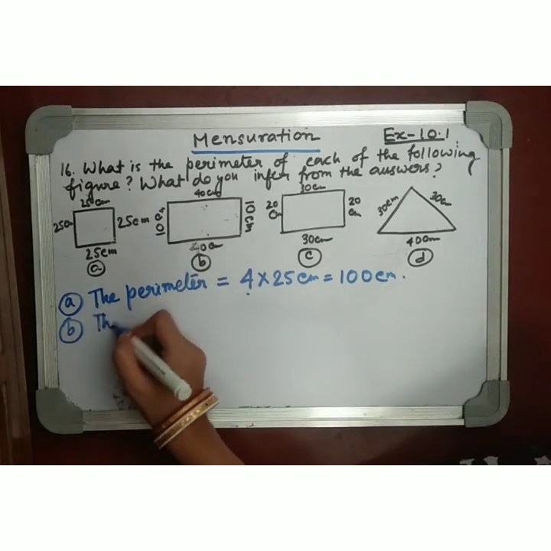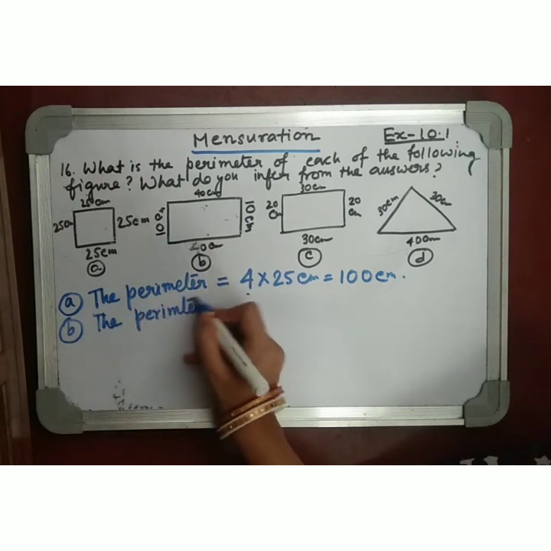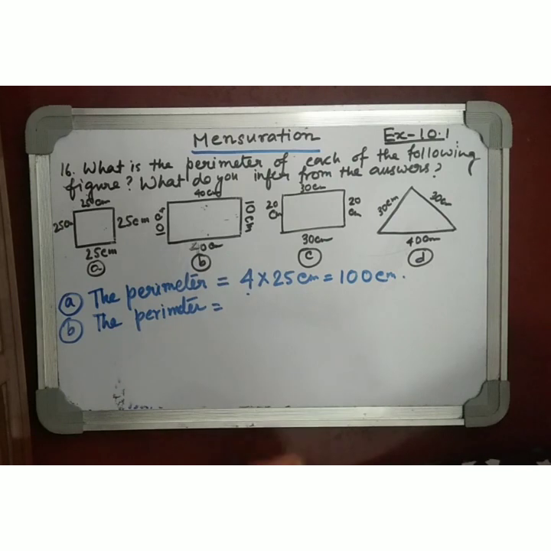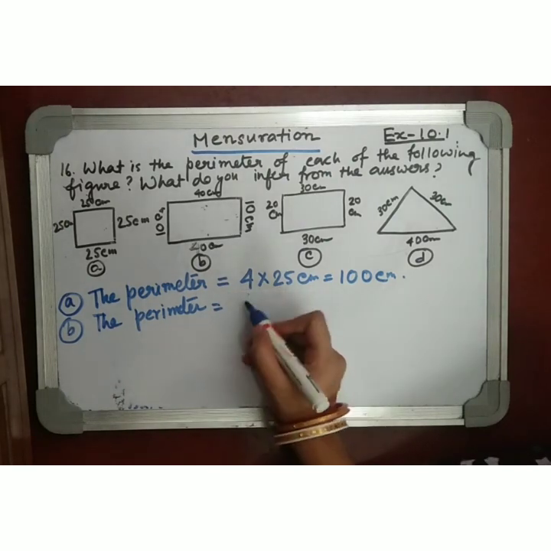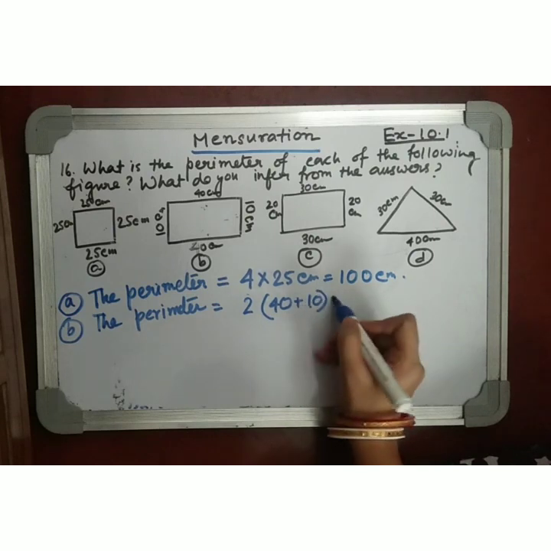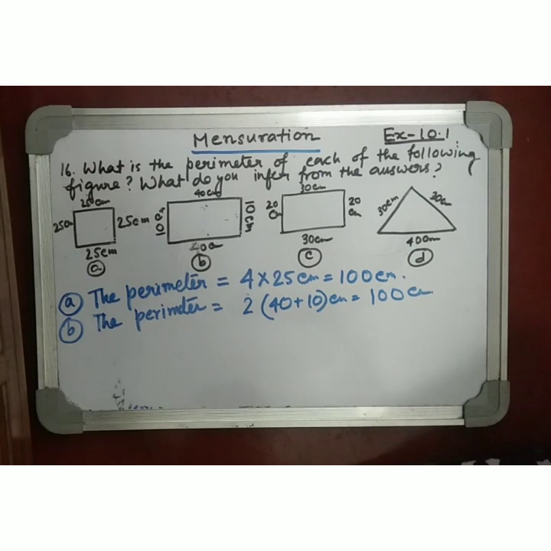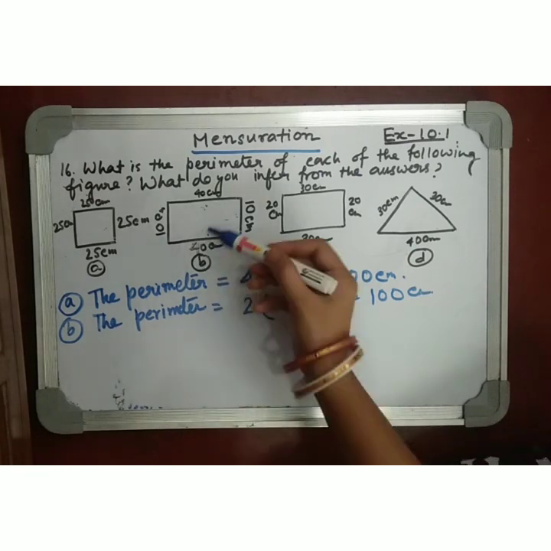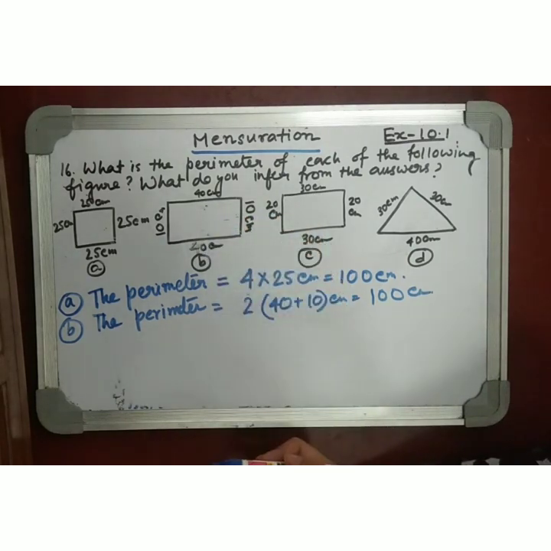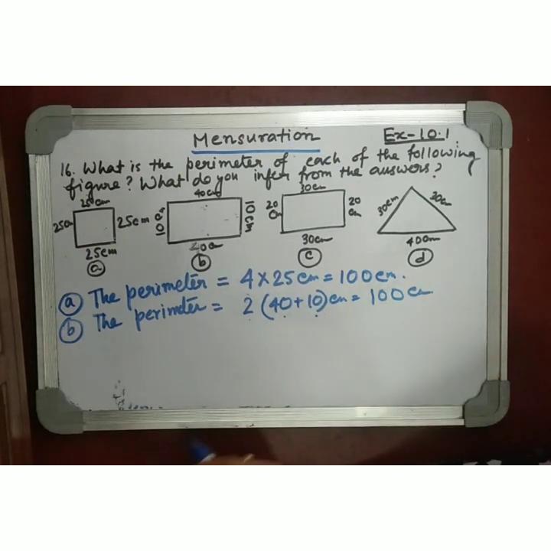So in case of figure B, the perimeter, in case of rectangle, what was the formula? 2 into length plus breadth. 40 centimeter is the length of the rectangle, 10 centimeter is the breadth. So what will be the perimeter? 2 into length plus breadth, it means 100 centimeter.